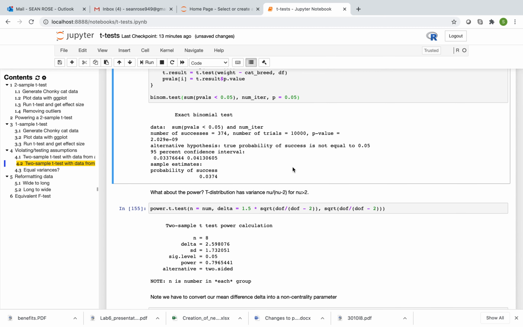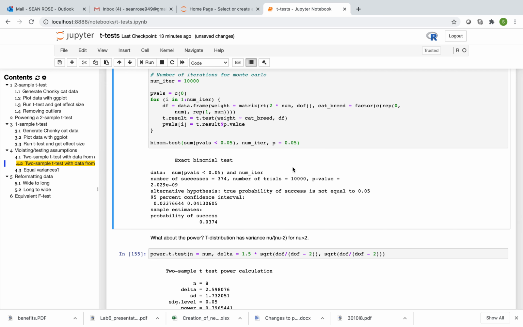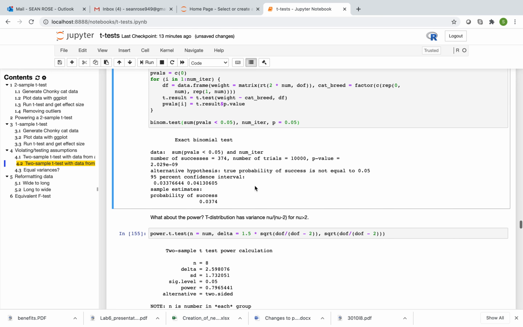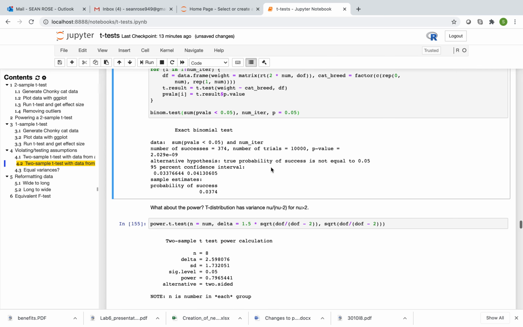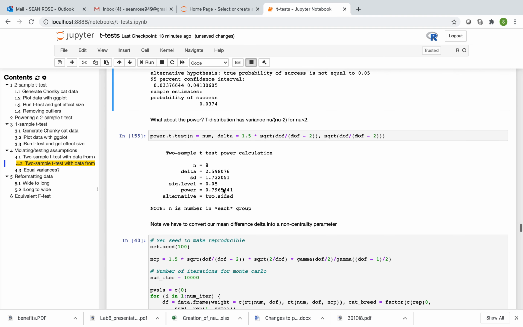We are rejecting a true null hypothesis less often than we expect to under the design of the experiment because of our violation of the assumption of a normally distributed random variable. That being said, it's not that horribly far off. It's not like we're rejecting it only 1% of the time. So, 3.74% versus 5%, not that huge of a deal. But by violating the assumptions of the t-test, we did create a type 1 error rate that is lower than what we would expect it to be by design.